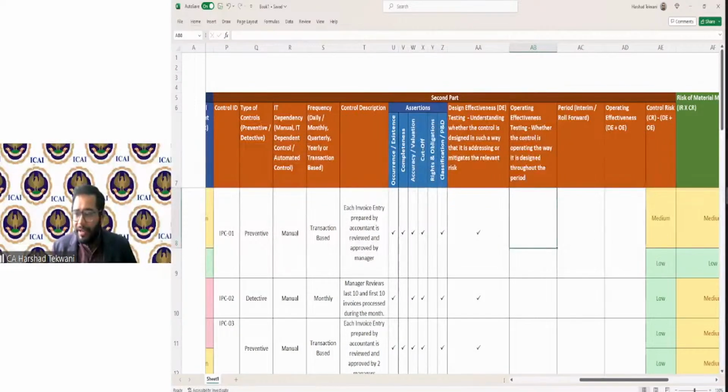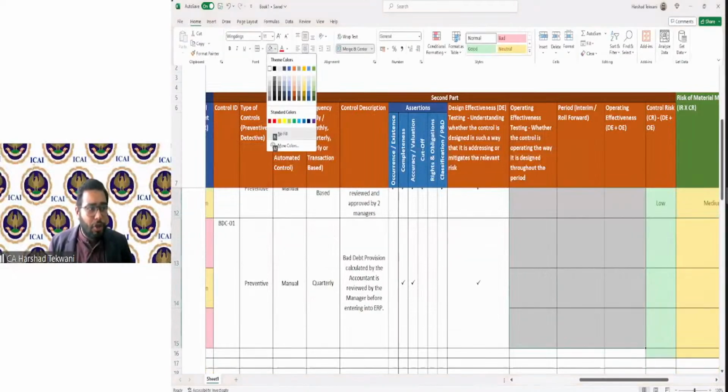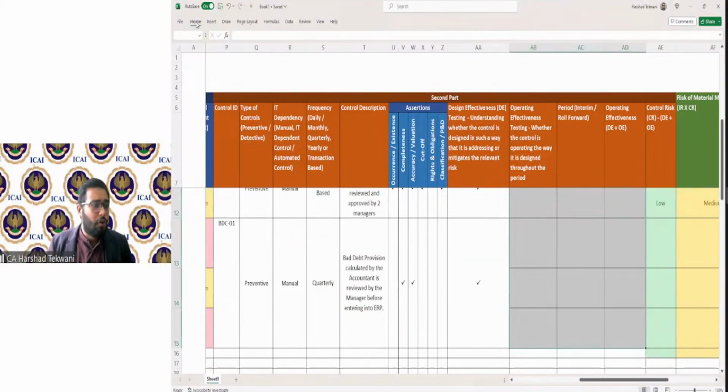In operating effectiveness, I check whether the control is operating effectively. Means if the manager was supposed to review the invoices, whether he's reviewing all the invoices. Okay, the control is designed effectively, the manager has to review. But in actual, whether he is reviewing the invoices or not, that I need to check, whether the invoices are actually being reviewed by the manager or it's just on paper.